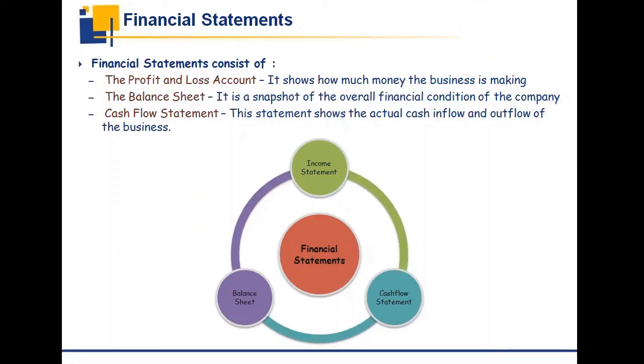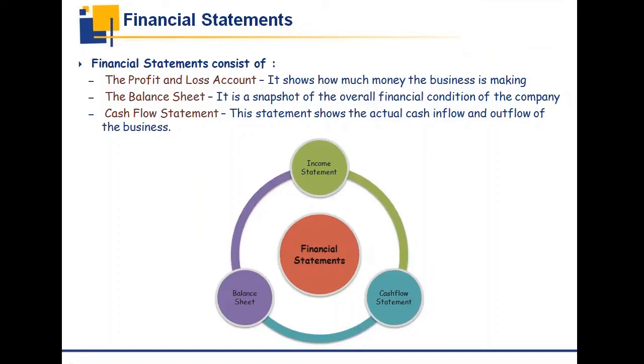So the major financial statements for every company are profit and loss. The profit and loss account shows how much money the business is making. Please remember, the profit and loss account is the result of the activity during a particular period.